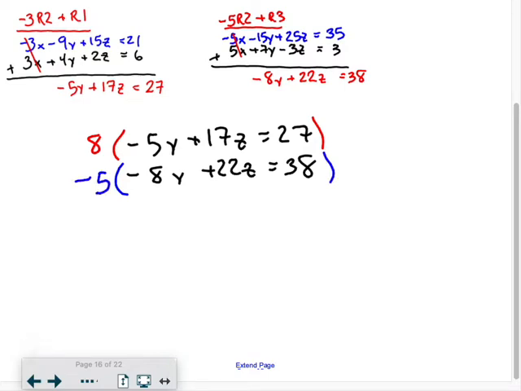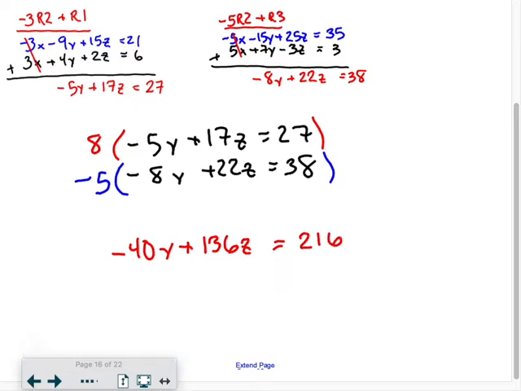So again, go through this process carefully because it's easy to make mistakes. So that's going to leave me with a negative 40y, and then 8 times 17 is going to leave me with a positive 136z equals, and then 27 times 8 is 216. Okay?